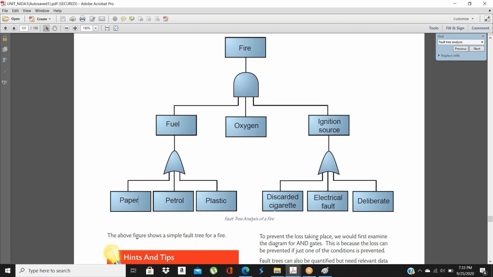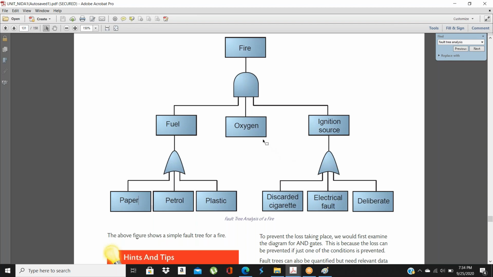Maybe a cigarette, maybe an electrical fault, maybe someone deliberately starts the fire. If any of these things is present, it means there is an ignition source. So here we will use the OR gate. Now clear? Yes.